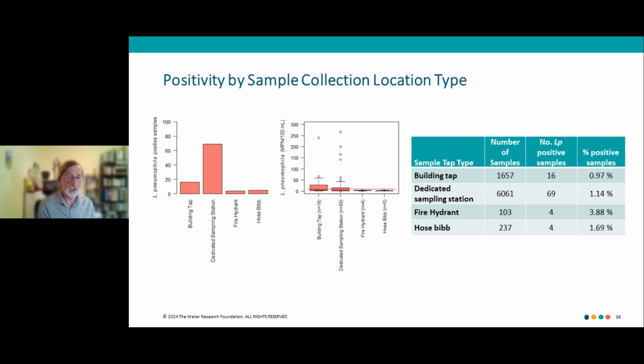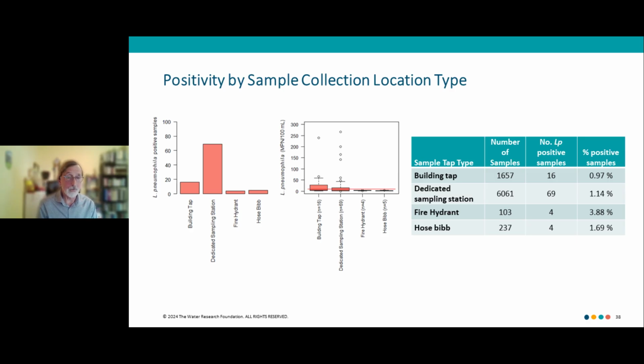You can see that by far the majority of samples were collected from what utilities designated as dedicated sampling stations, and when you break down the statistics and understand that there were few samples collected from fire hydrants and hose bibs, there wasn't a huge difference between the different sample location types.